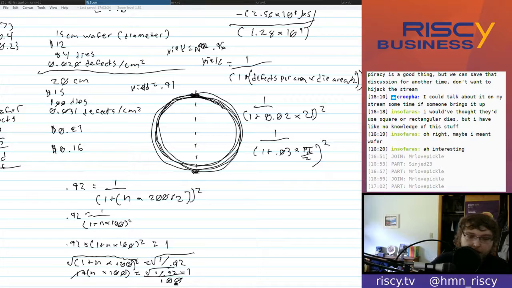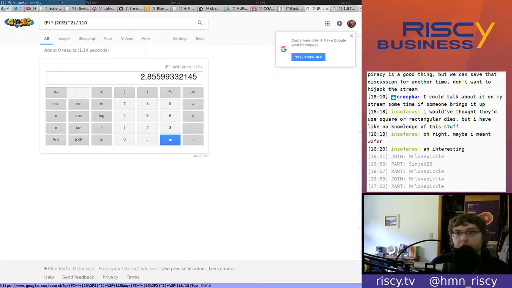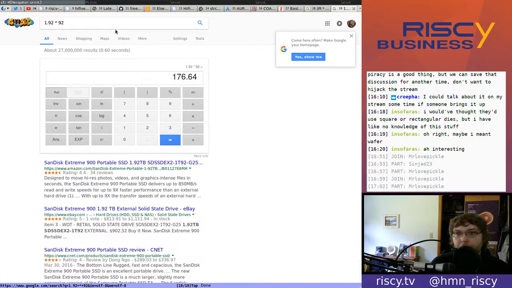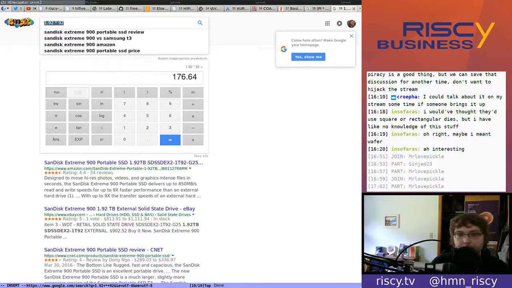Or wait, yeah, because we're talking in millimeters when before we were talking in centimeters. That's the reason the decimal places are different. Right, if I convert 200 millimeters squared to centimeters squared, here, I don't trust Google for this. I'm going to go to Wolfram Alpha.